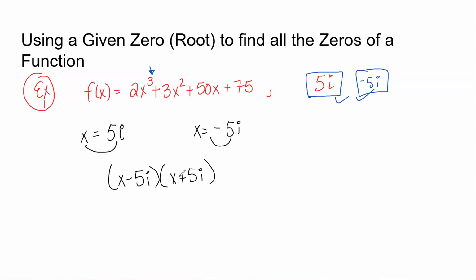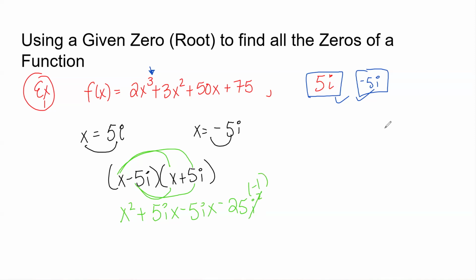Now we're going to FOIL that out to get a quadratic, and then we can do division. So x times x is x squared. That would be positive 5ix, negative 5ix, negative 25i squared, but we know that i squared is negative 1.